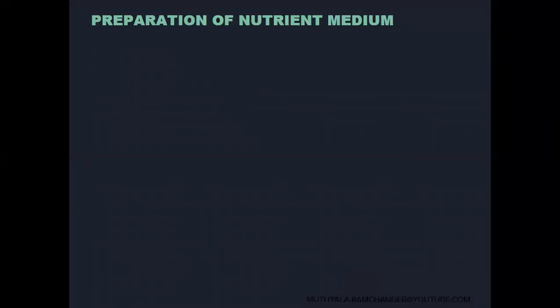In in vitro conditions, we provide nutrients and an artificial environment for the plant tissue culture procedure. In that, first we make the nutrient medium. Nutrient medium is essential for the plant tissue culture procedure.